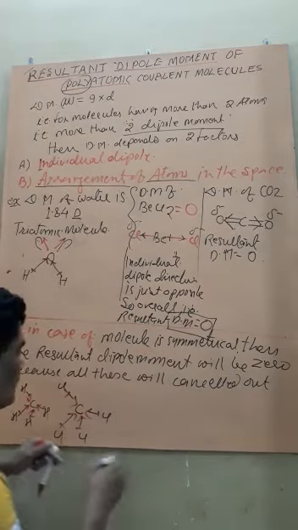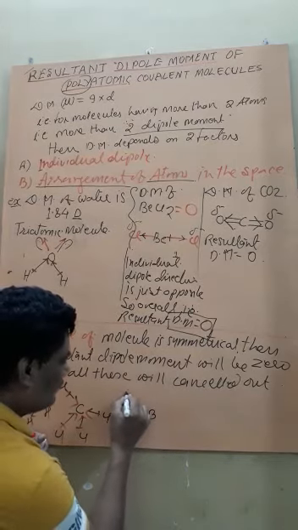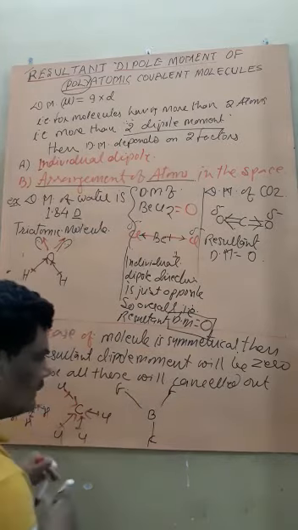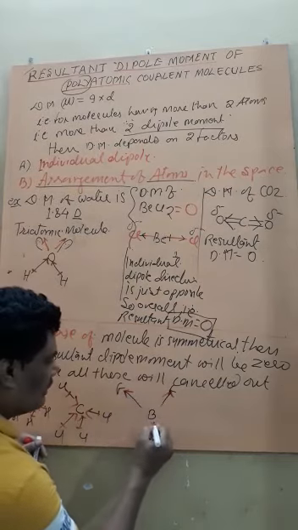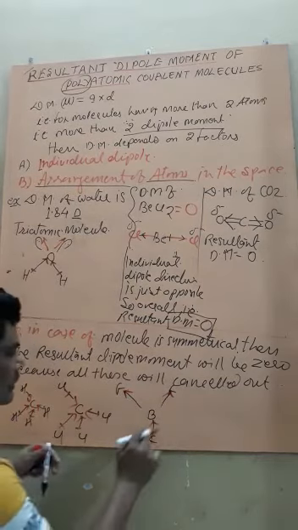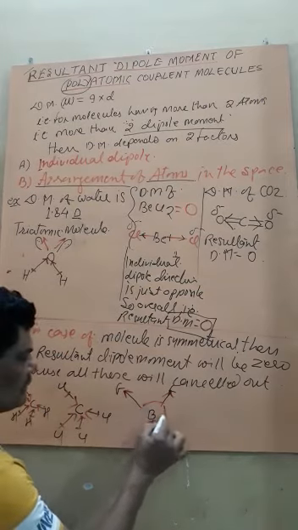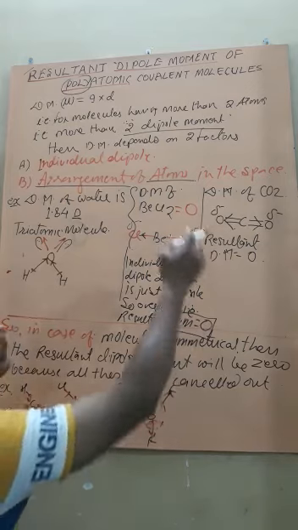Getting? In case of BF3, like B, 1, 2, and 3. Now again the direction is towards F, and it is a symmetrical molecule. Therefore again the dipole moment is getting canceled out, like BeCl2, like CO2 molecule. Getting?